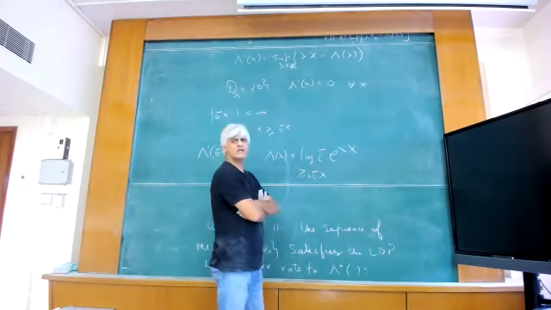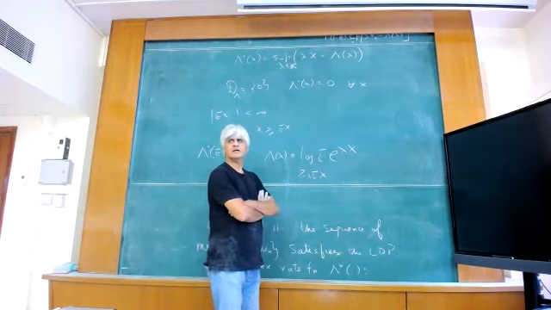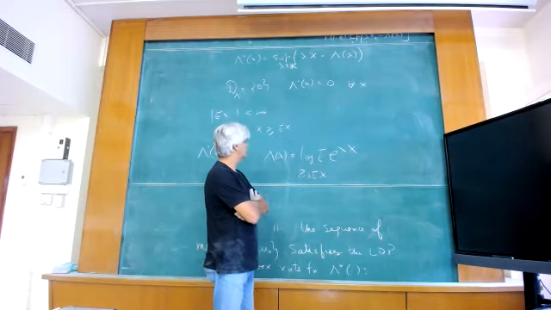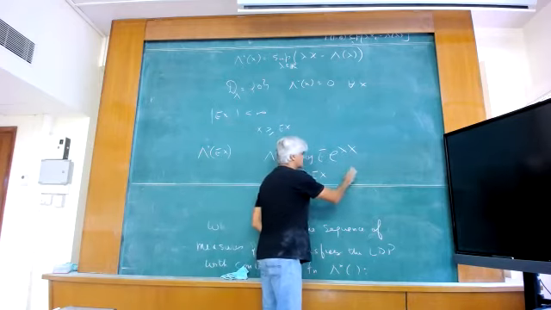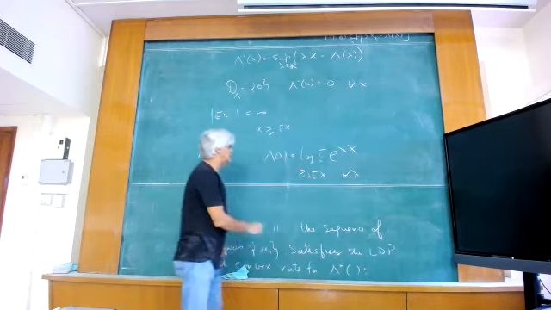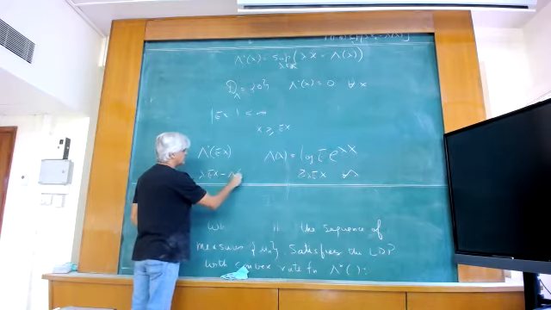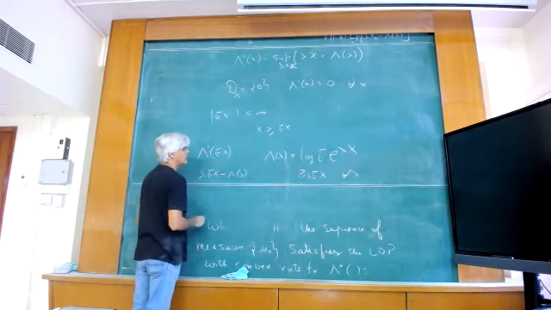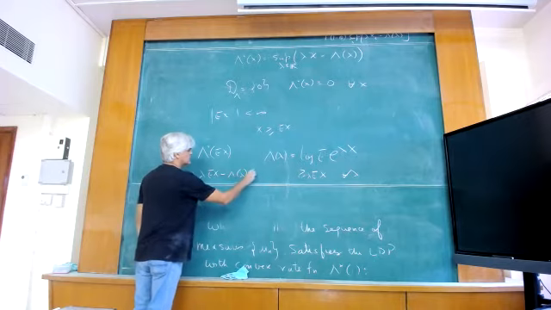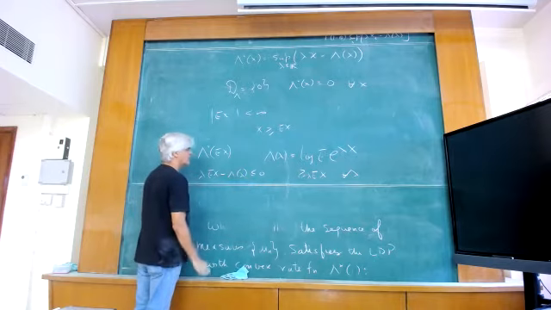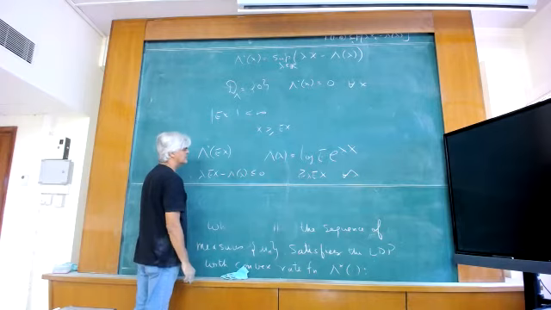If we take the log inside, we get a lower bound: Λ(λ) is at least λ times E[X], for all lambda. So λE[X] − Λ(λ) is less than or equal to 0.